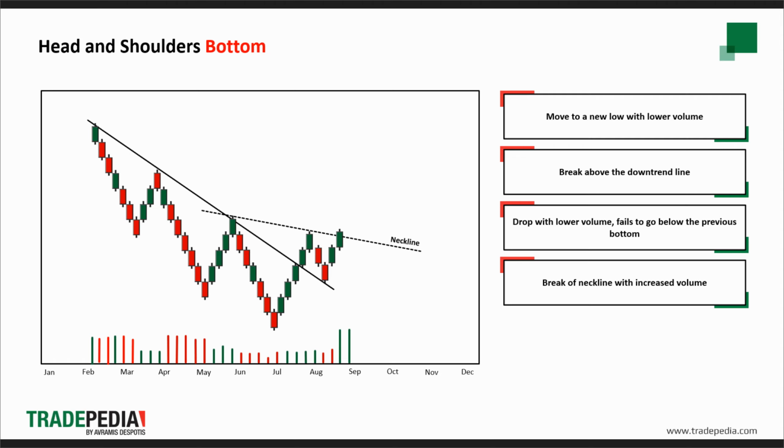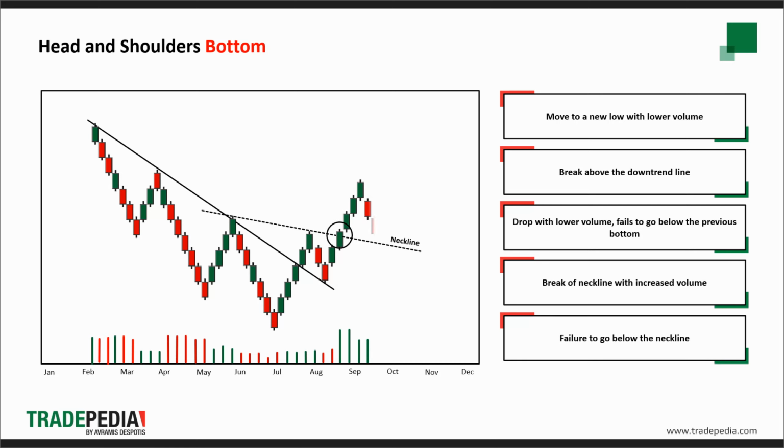Then a close above, you connect the two peaks, you get the neckline. A close above the neckline confirms an inverse head and shoulders pattern. So that is how you get the inverse head and shoulders pattern.